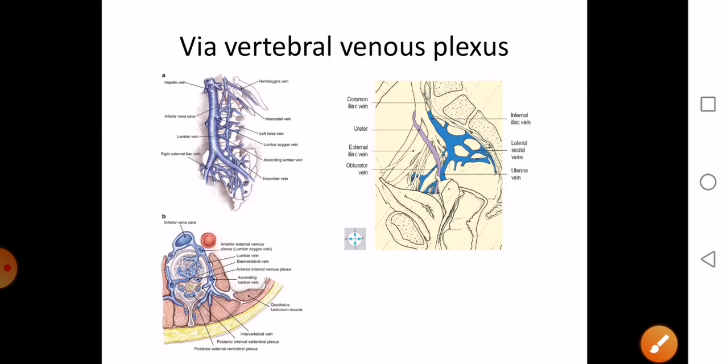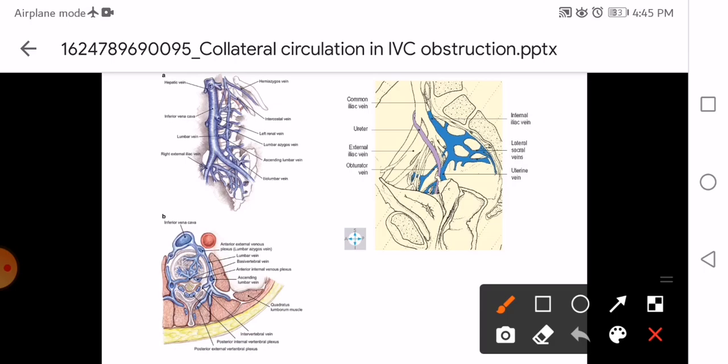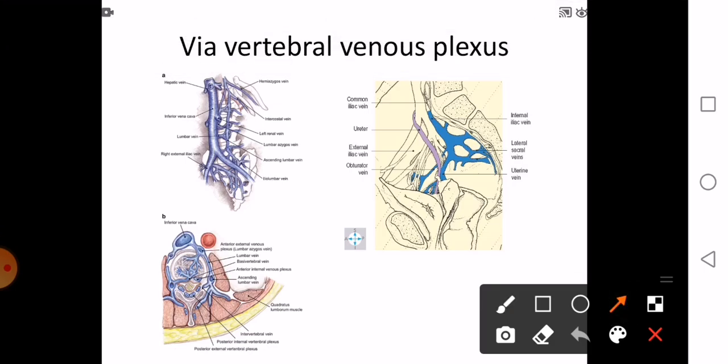In addition to the azygos and the veins on the anterior abdominal wall, we have another route for the blood to flow in inferior vena caval obstruction, and that is via the vertebral venous plexus. So in the lumbar region, this is the inferior vena cava. Here you can see the lumbar veins that are draining into the inferior vena cava.